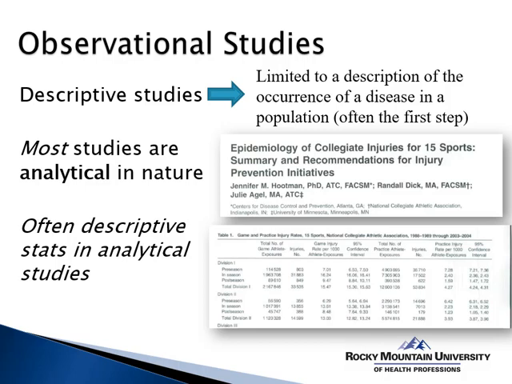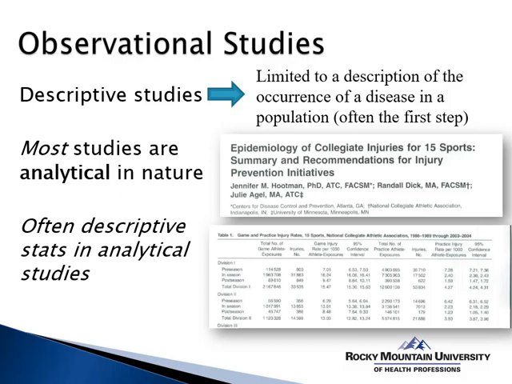Here's an example where we're looking at a paper published in the Journal of Athletic Training, Hootman et al. I believe this is the same Hootman that we've got this week for review. In Table 1 here, it's publishing game and practice injury rates for 15 sports that were analyzed between 1988 and 2004.